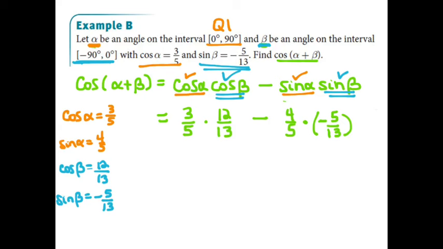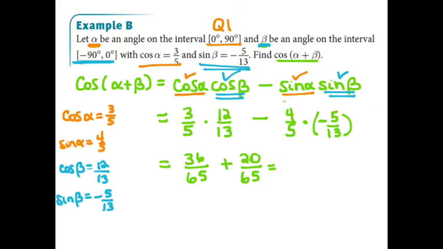And so now all we need to do is simplify. We're going to multiply our fractions. 3 times 12 is 36, and 5 times 13 is 65. I've got a minus 4 times a negative 5, so that's going to become plus. 4 times 5 is 20, and 5 times 13 is 65.